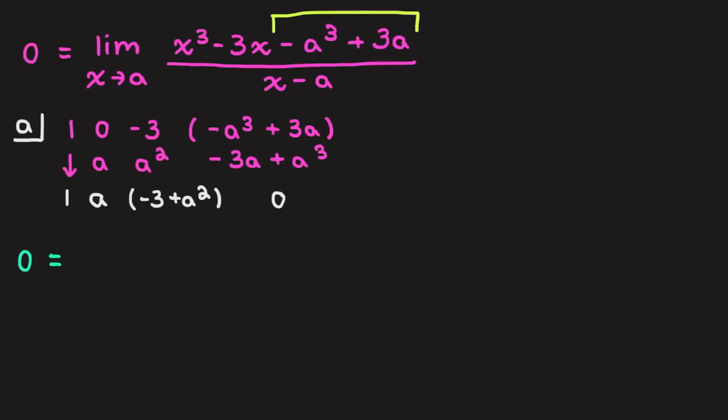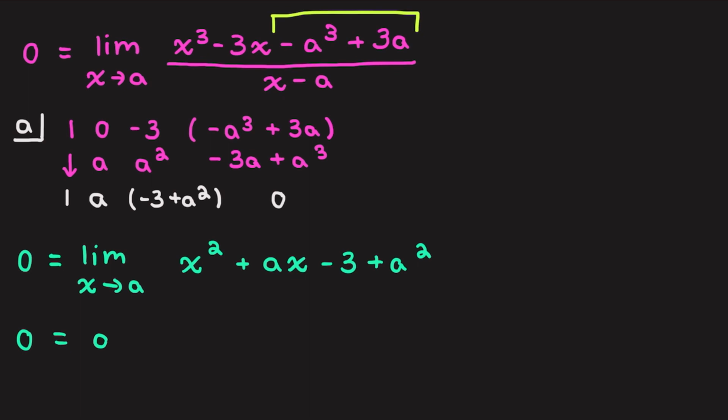So after doing all of that synthetic division, our equation becomes 0 equals the limit as x approaches a of x squared plus ax minus 3 plus a squared. So now we can just plug a in for x because we don't need to worry about the denominator being 0 and the whole fraction being undefined.